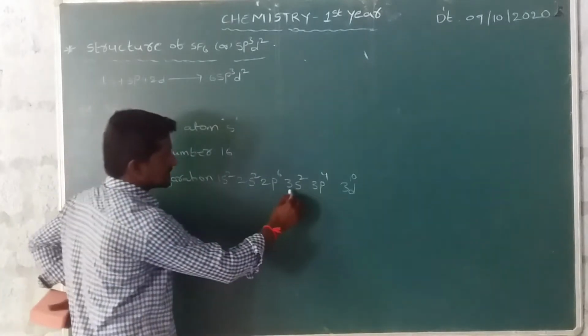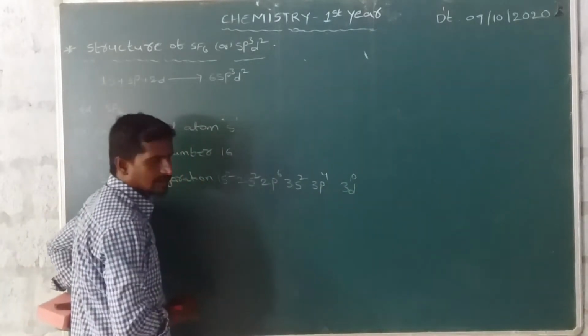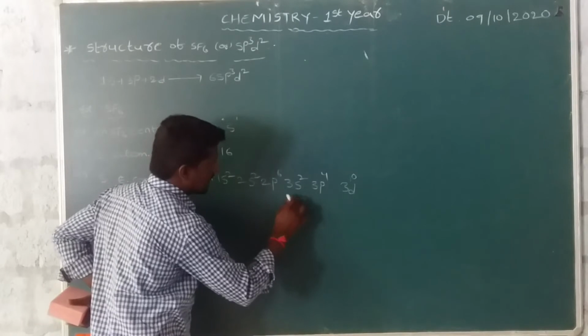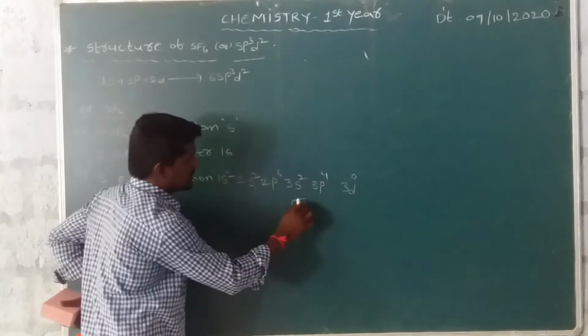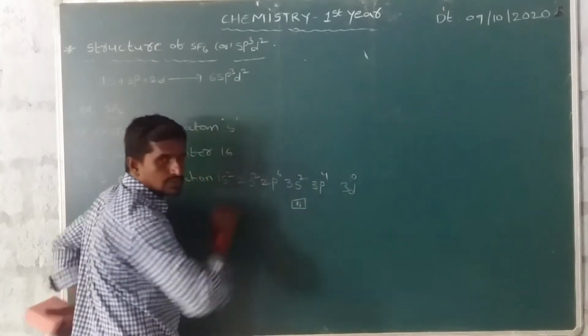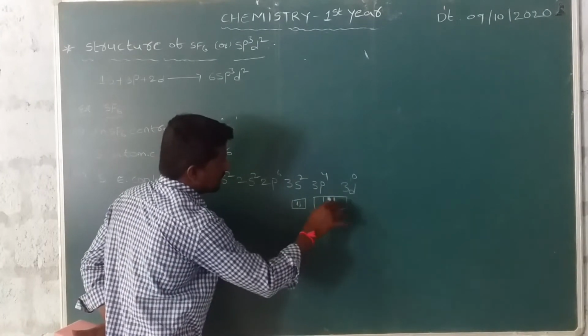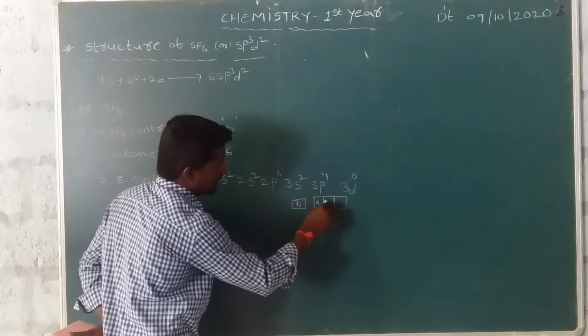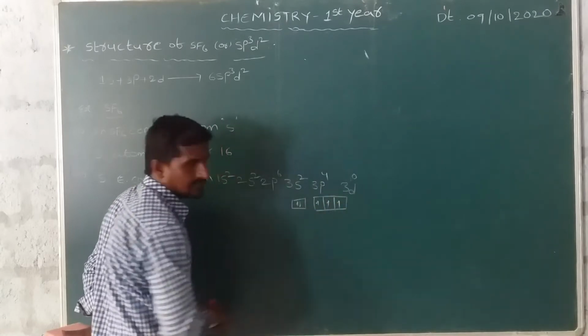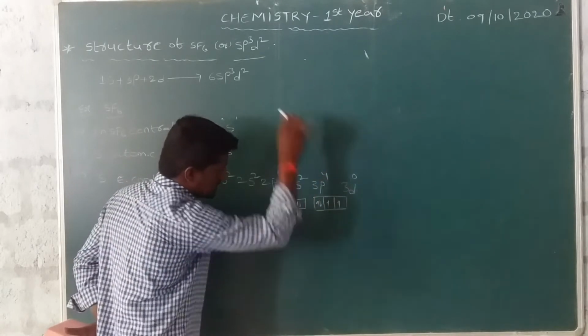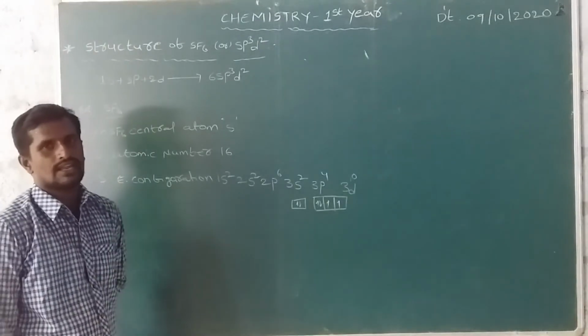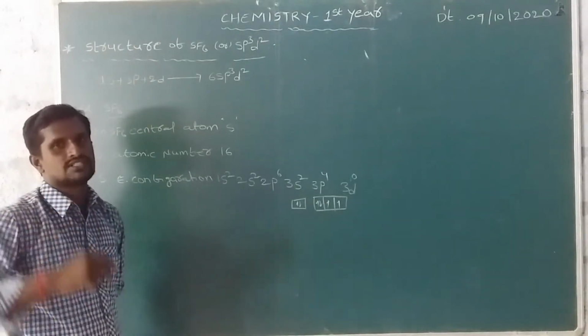Next, the outermost orbital: 3s has 2 electrons, and 3p has 4 electrons. The third one is opposite direction, both electrons in one subshell with opposite spin.